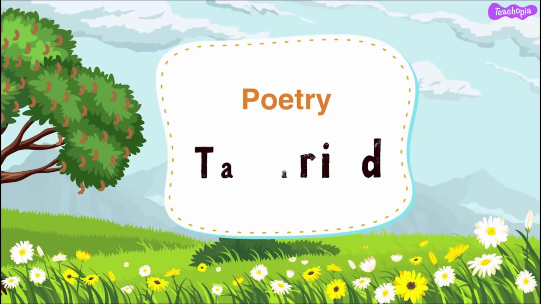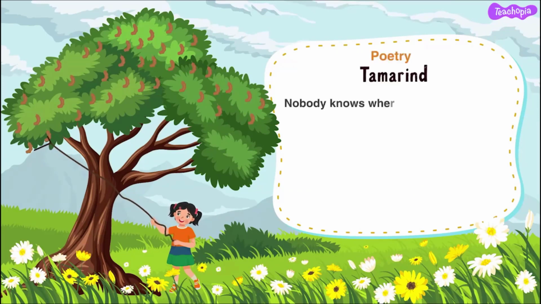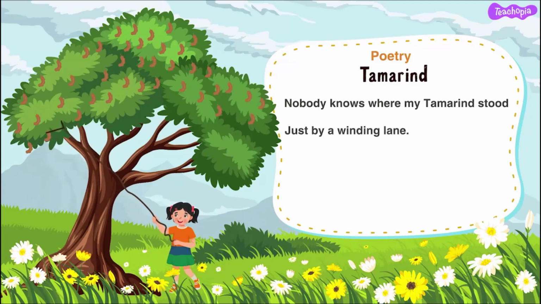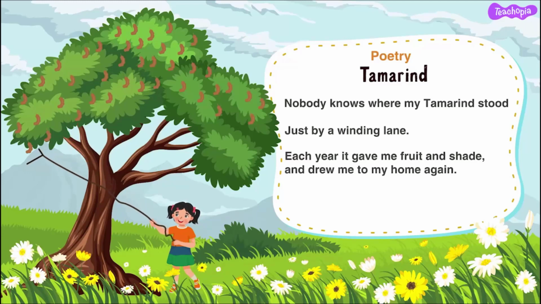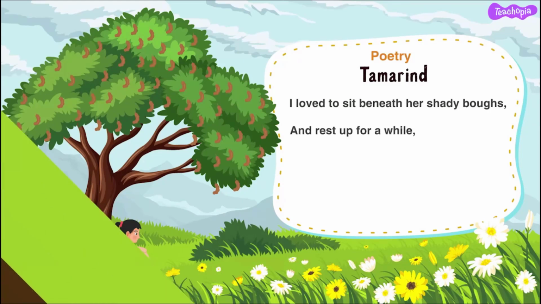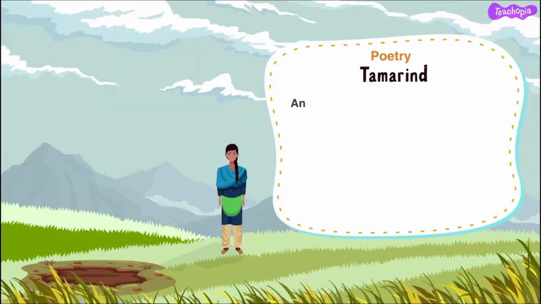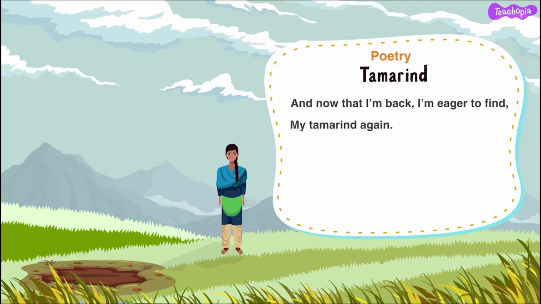A poetry called Tamarind. Nobody knows where my tamarind stood, just by a winding lane. Each year it gave me fruit and shade and drew me to my home again. I love to sit beneath her shady boughs and rest up for a while, to gaze out upon the distant blue hills with laughter and a smile. And now that I'm back, I'm eager to find my tamarind again.